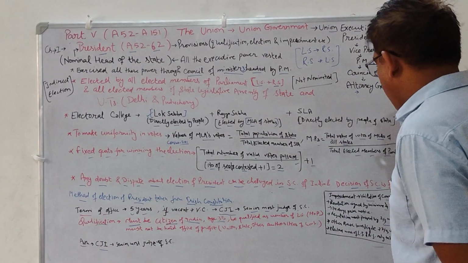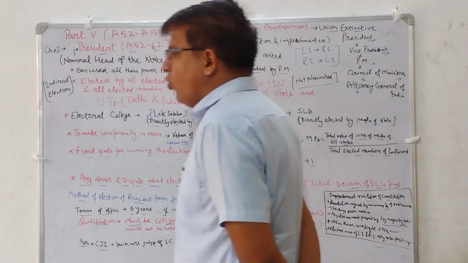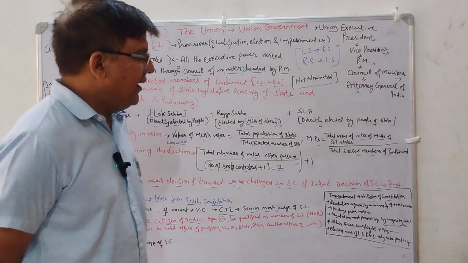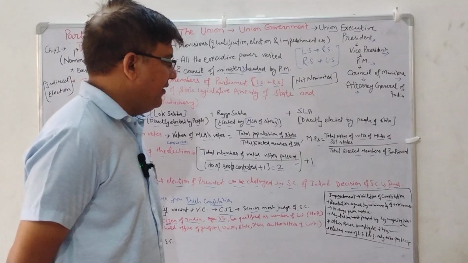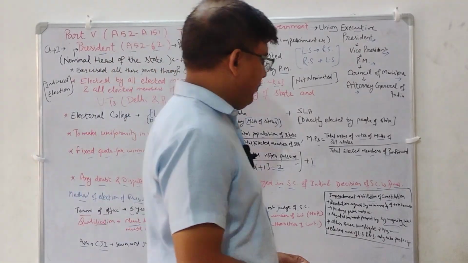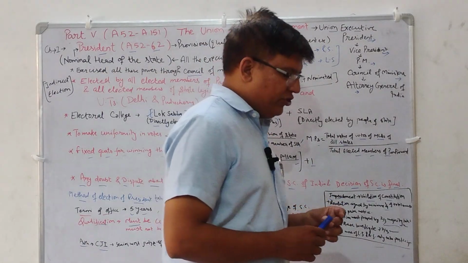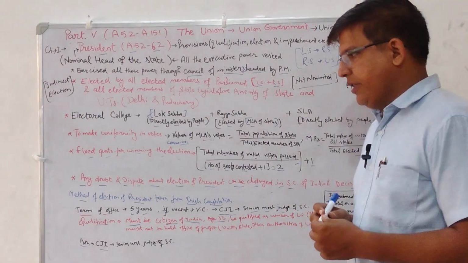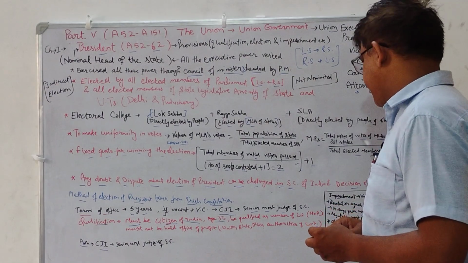In case of impeachment, only the elected members of the Lok Sabha as well as the Rajya Sabha will take part. When the resolution is passed by both the houses, then the removal of the president is a must.